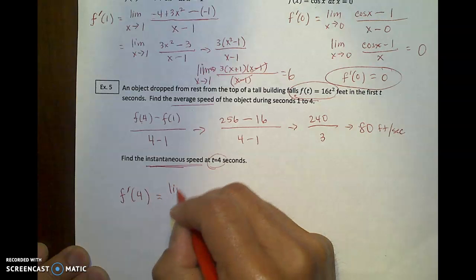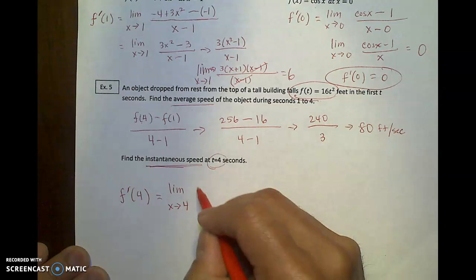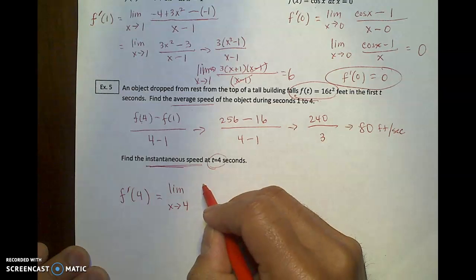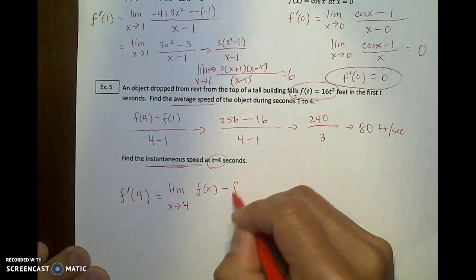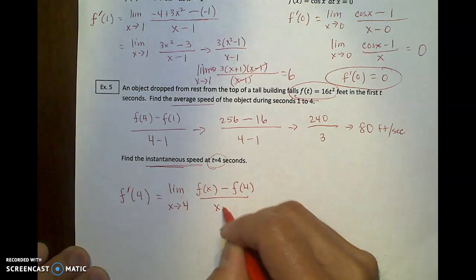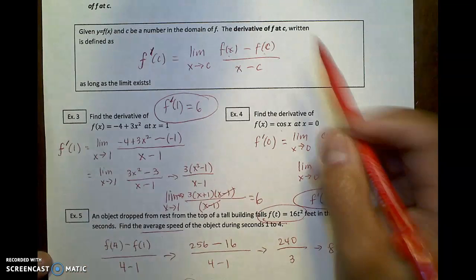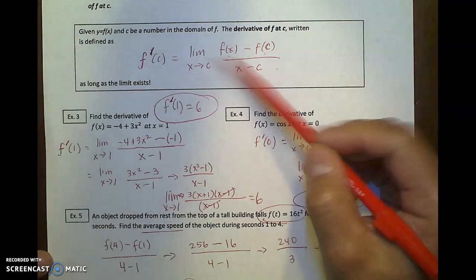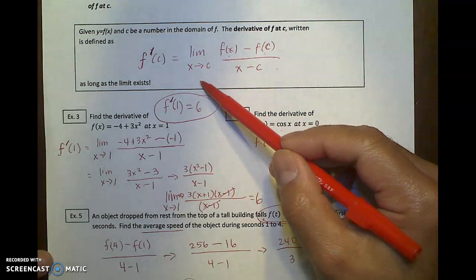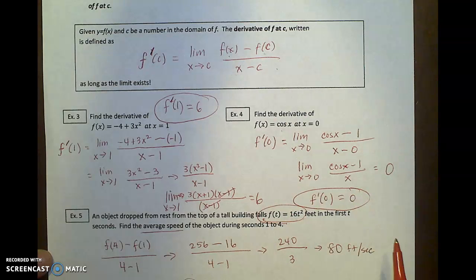So that means we're setting up a limit as x approaches 4 of f of x minus f of 4 all over x minus 4. We're using this setup, the derivative, limit as x approaches c of f of x minus f of c over x minus c.